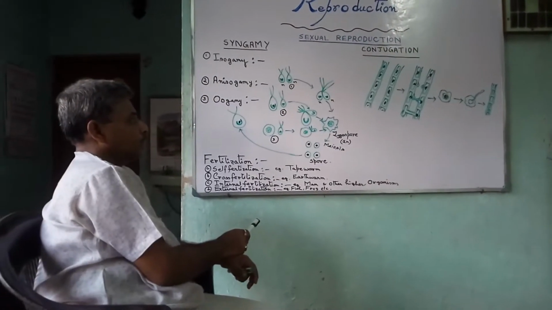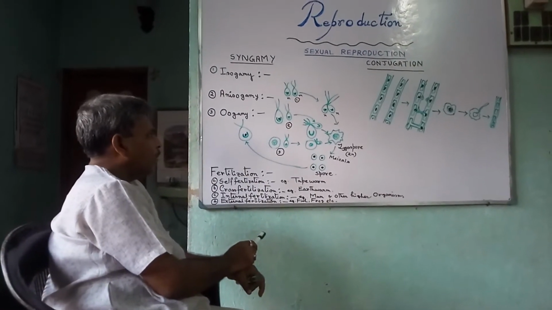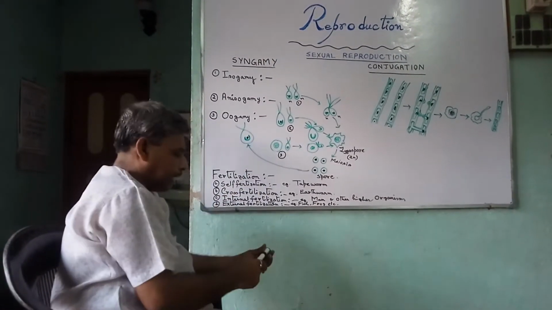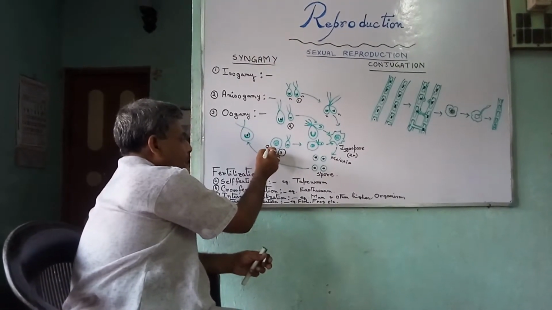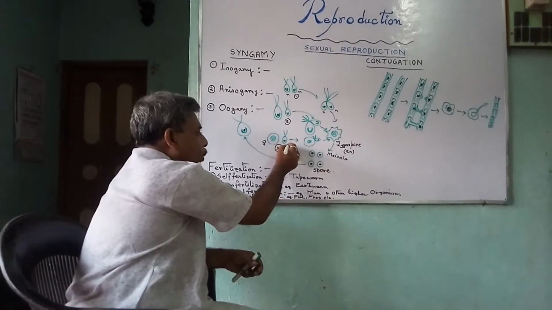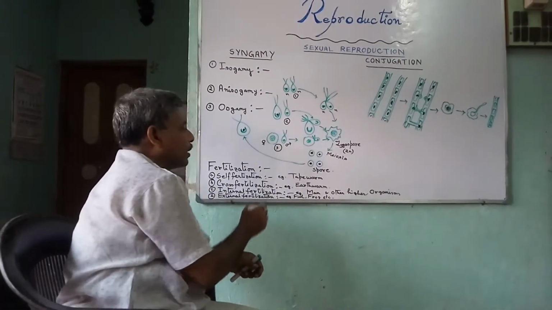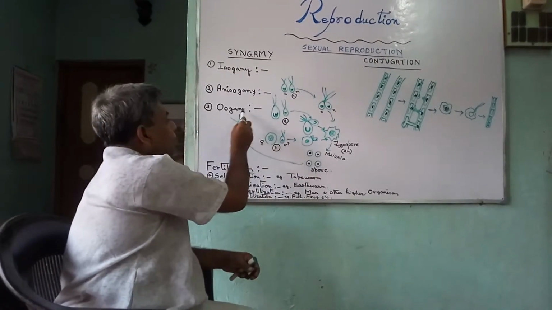That's why they are called anisogamy. But when one gamete is very much large, which basically occurs in the case of the female gamete, and the other one is very much small, that is the male gamete, and fusion occurs between these two, that is called oogamy.